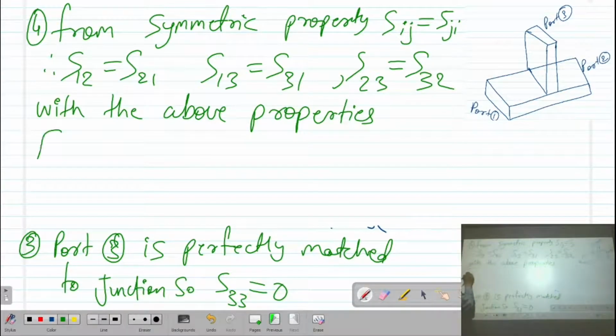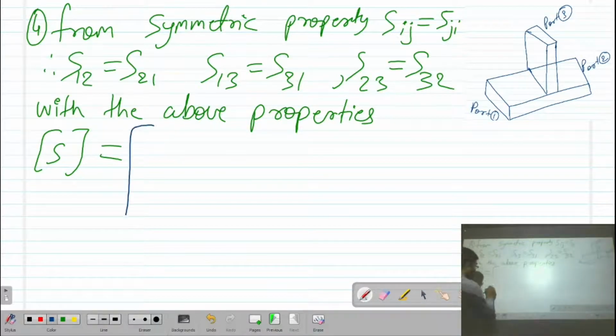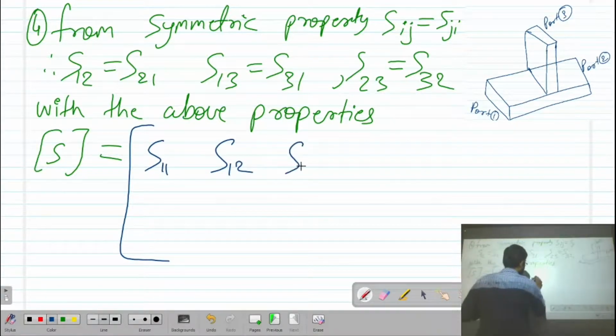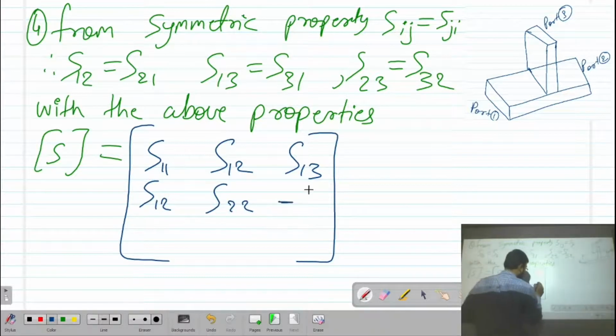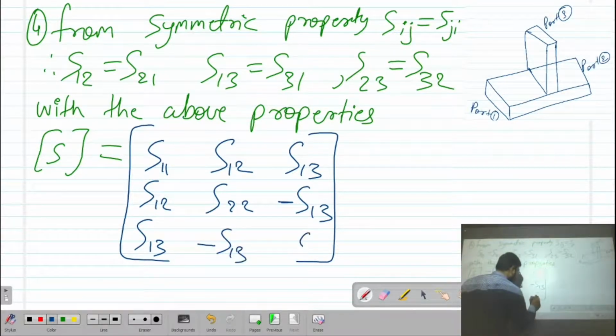we can have the scattering matrix as S11, S12, S13; S12, S22, minus S13, replacing S23 by minus S13; S13, again replacing S32 by minus S13, and 0.